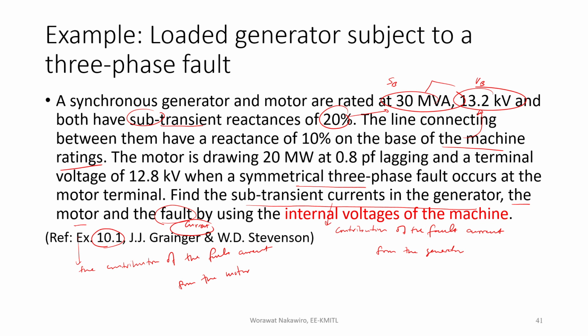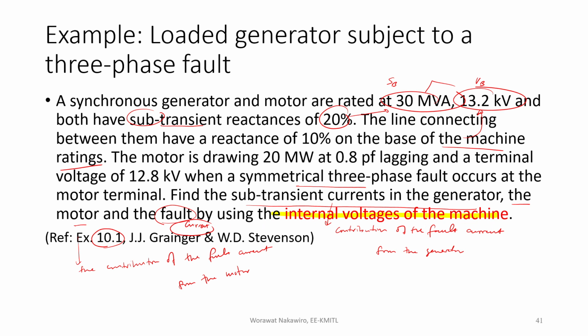If you know the contribution of fault current from the generator and from the motor, the total fault current is the sum of the two contributions. The key concept is using the internal voltages of the machines. That's why I highlight this in red.